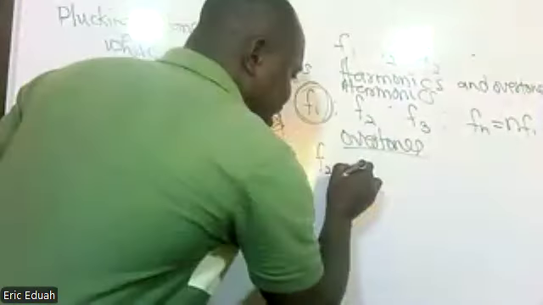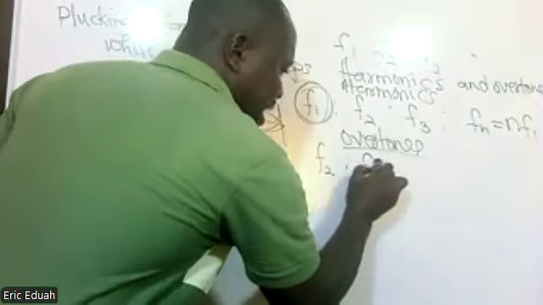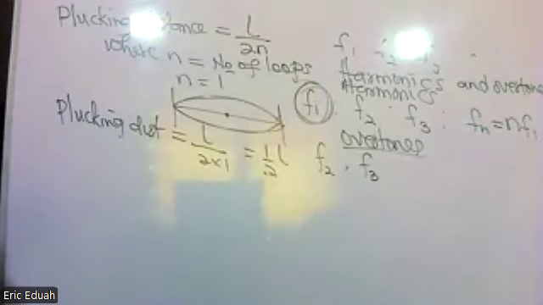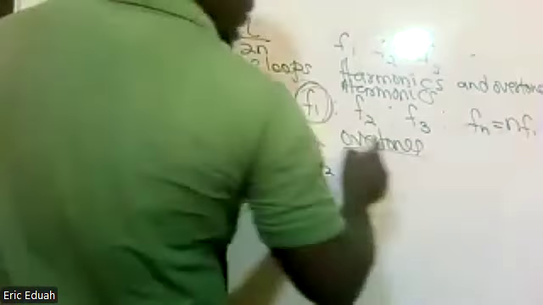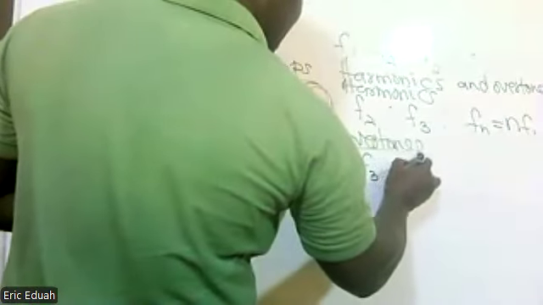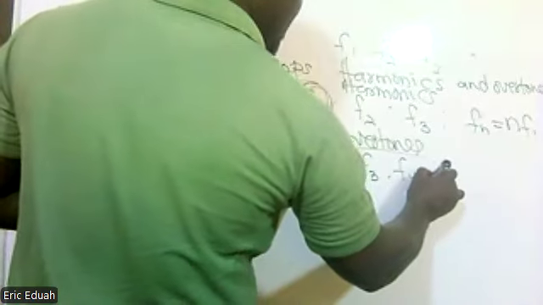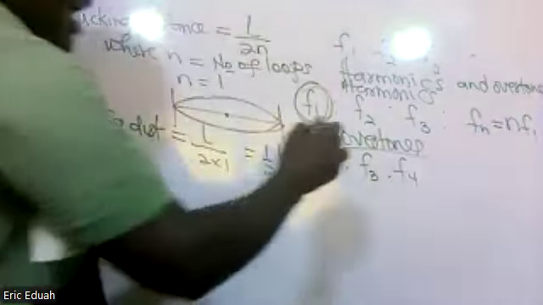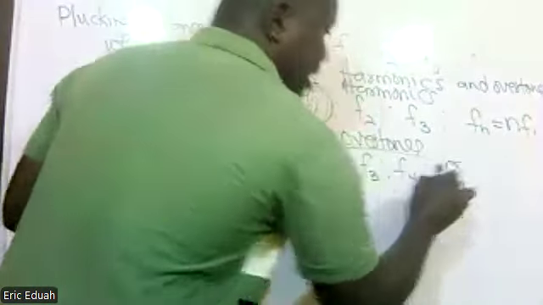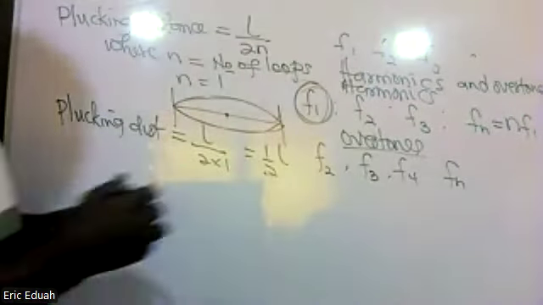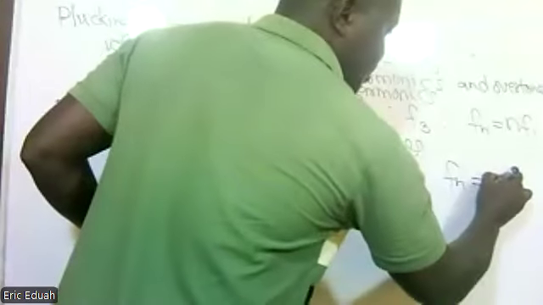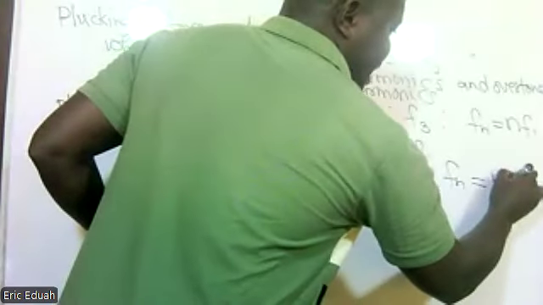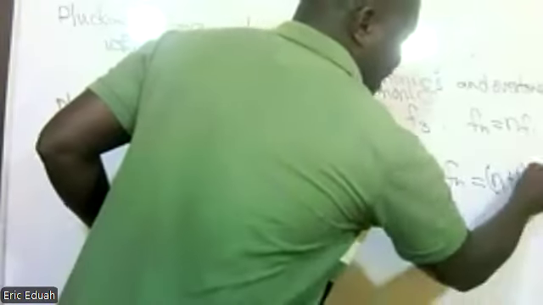The third harmonic becomes the second overtone. The fourth harmonic becomes the third overtone. So the nth overtone is given by n plus 1 of F1.